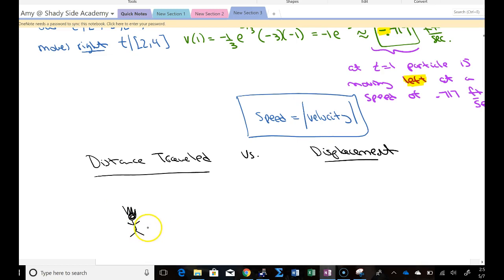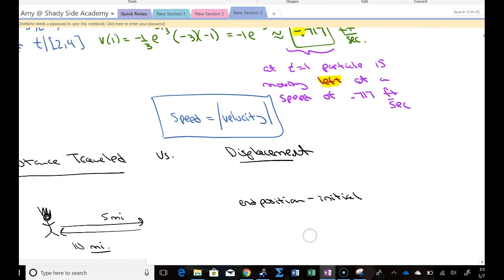And let's say you move 5 miles to the right, and then you travel 5 miles left. Your distance traveled is 10 miles. Okay? Displacement in that situation is your ending position minus your initial position. And in that case, where you have that mohawk and you run 5 miles right and 5 miles left, your displacement would equal 0 miles.